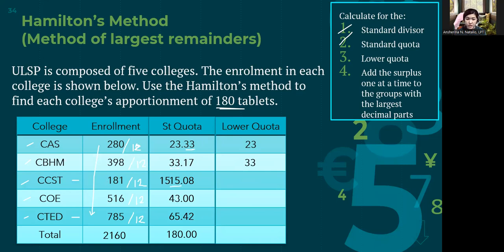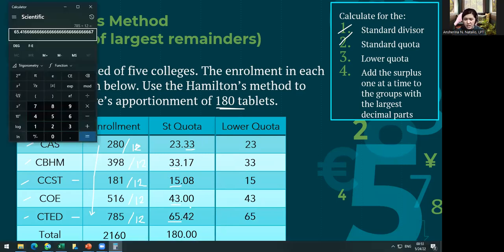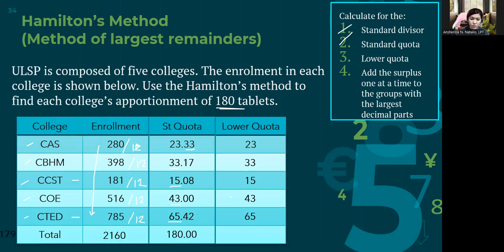Next, this will be 15. 43. Ay, malaking decimal nito ah. But still, round down. 65. Okay, let's check. 23 plus 33 plus 15 plus 43 plus 65. Okay, nagkulang. Kaka-round down natin, nawala itong mga decimal na to.